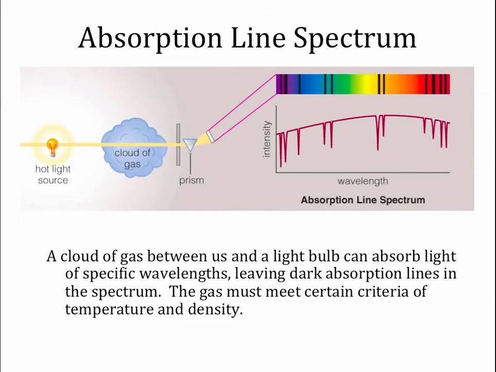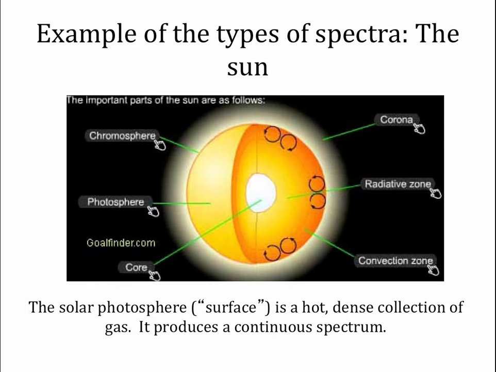A curious fact, or at least curious for now, is that these dark lines appear at exactly the same wavelengths that bright lines would appear if all we could see were the cloud of gas being energized from within. So if you have light from a black body passing through a cooler gas, then you can often end up with absorption lines.